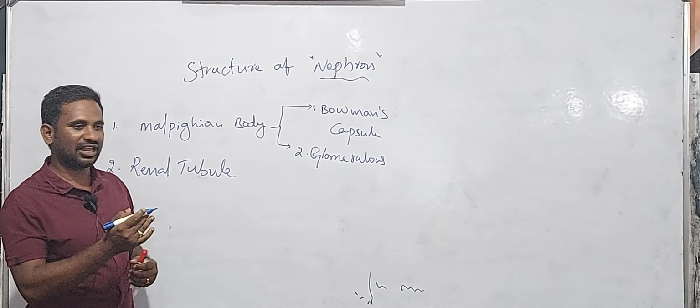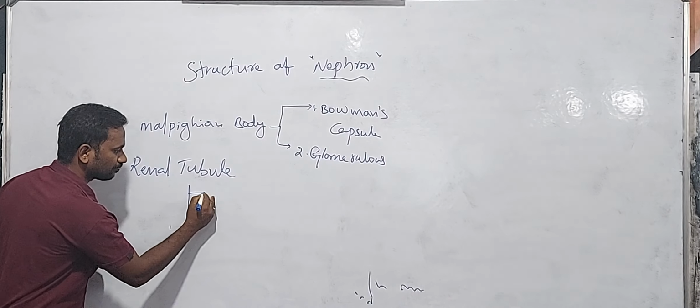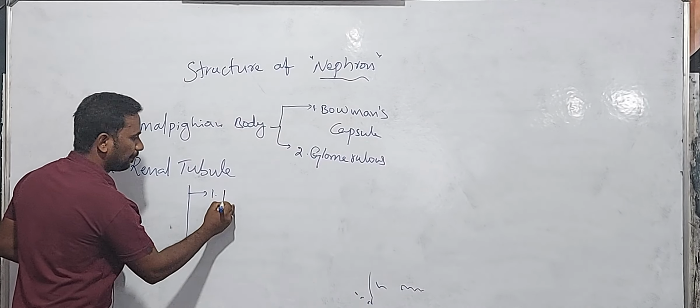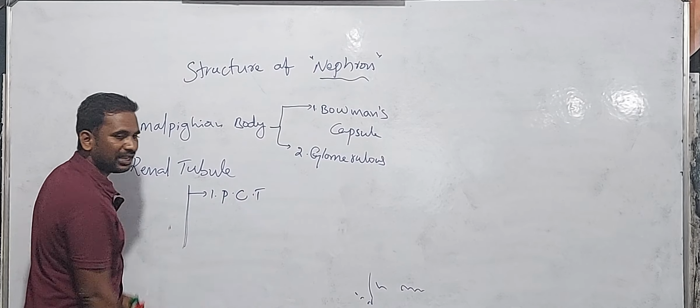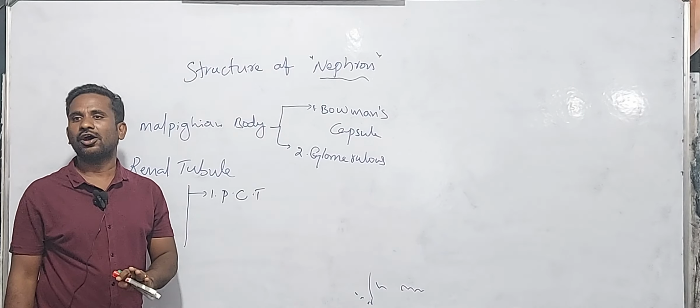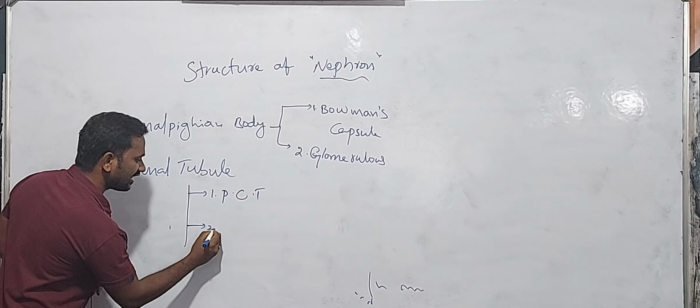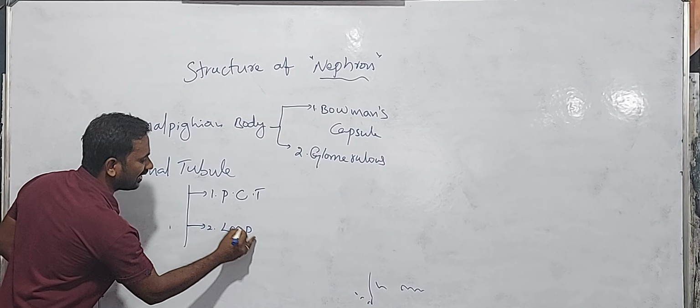Now in the renal tubule we can observe, one, the PCT, the proximal convoluted tubule. Second one is the loop of Henle.